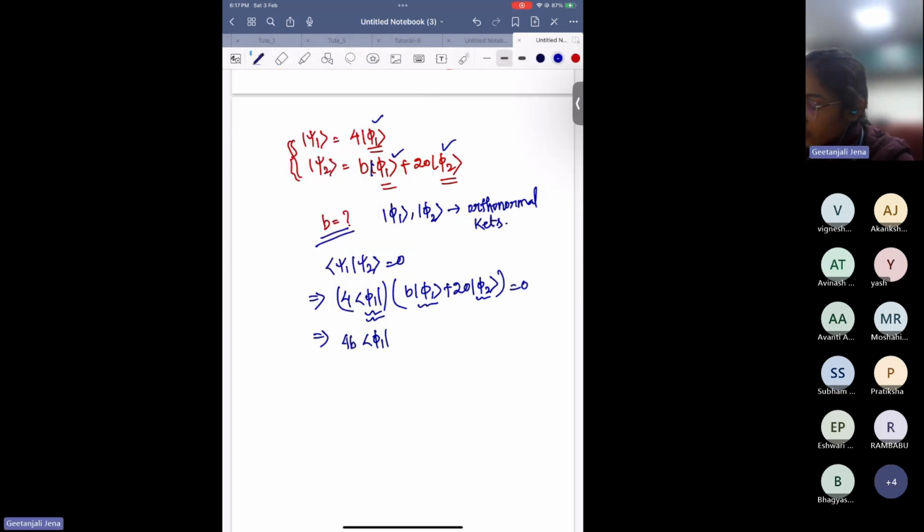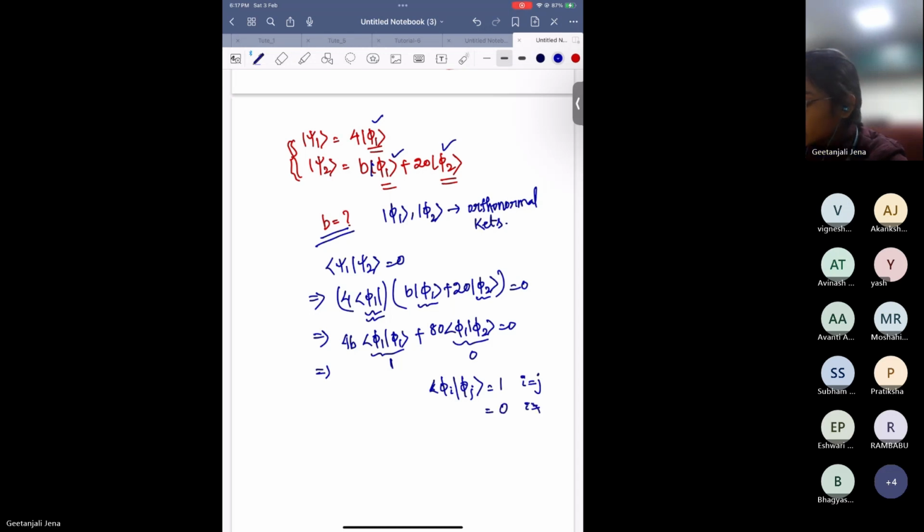It is 4B phi 1 phi 1 plus 80 phi 1 phi 2. Orthonormal means phi i phi j equals 1 whenever the two indices are the same, and if they are different it gives 0. So the second term gives 0 and the first term is 4B. So for this to be 0, B equals 0.